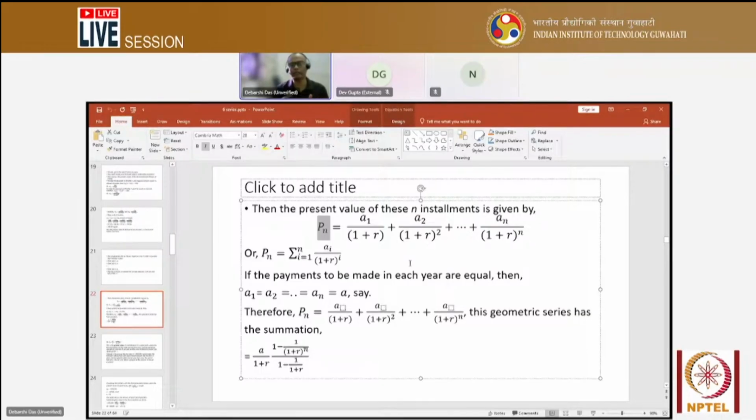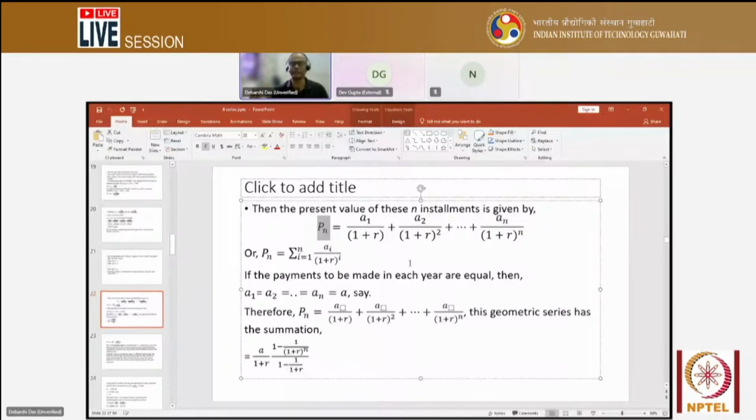Basically because A1 is something you are not earning today. It is something which you are earning in the next period, right? And so what is the value of that A1 from today's point of view? From today's point of view, the value of that A1 is A1 divided by 1 plus R.